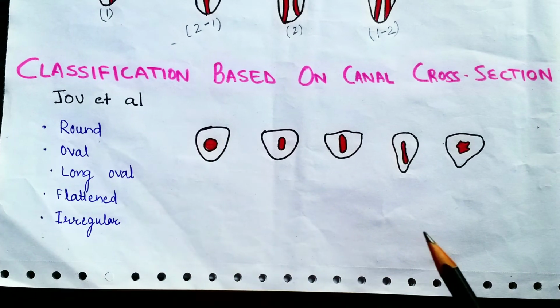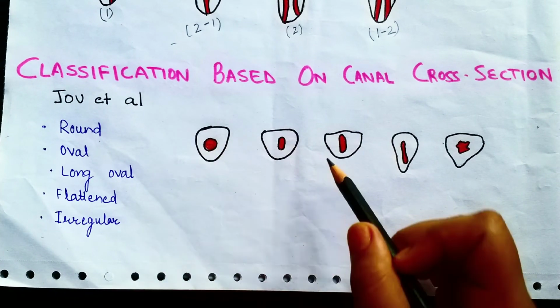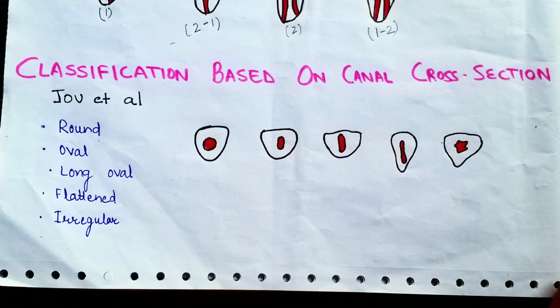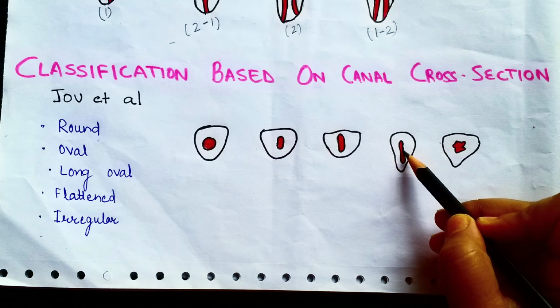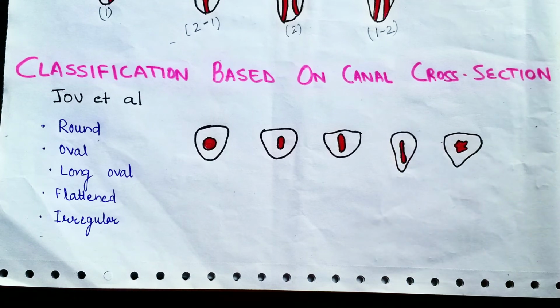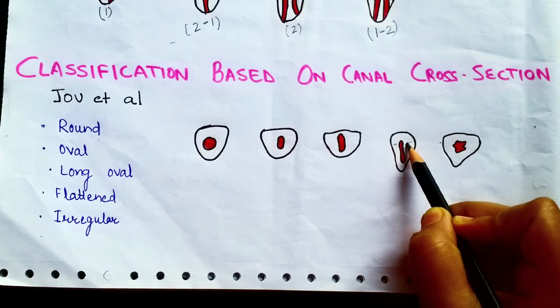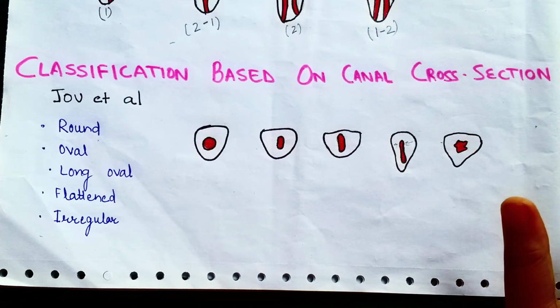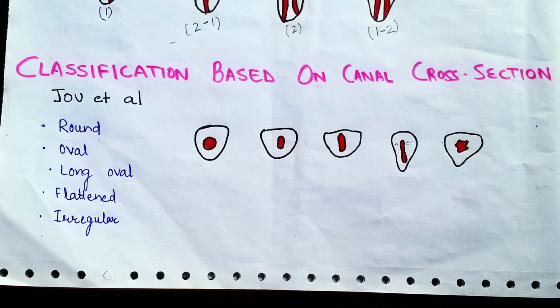Then we have long oval, which will look like oval, but it will be a little extended from both the sides. Then we have a flattened root canal. In this you can see that there will be a very thin root canal which will be present, as if it has been compressed from both the sides. And then we have irregular shape, which will not have any definite morphology.